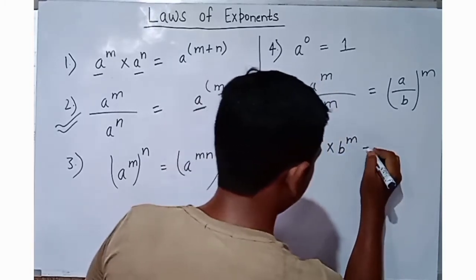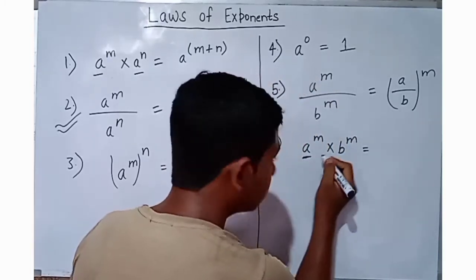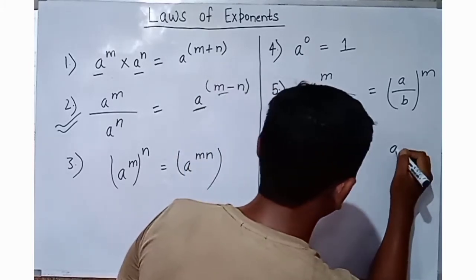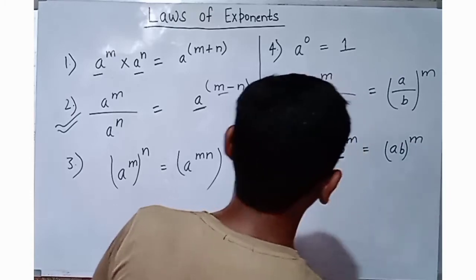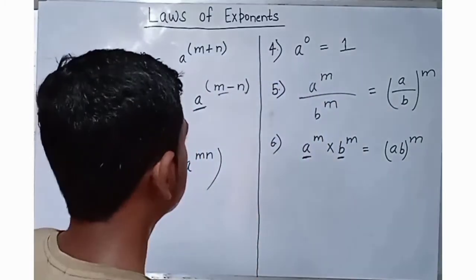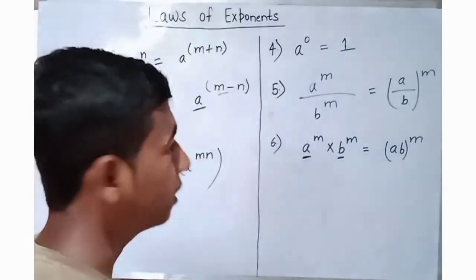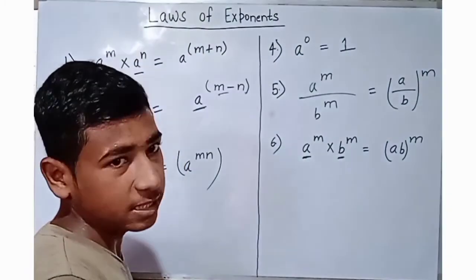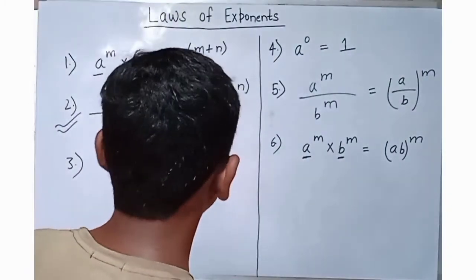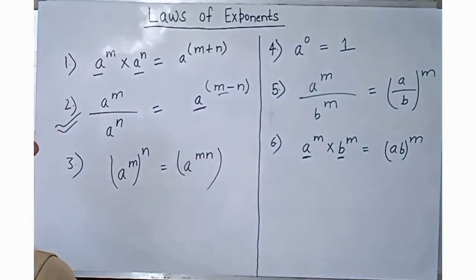Both bases will be multiplied, so it will be a into b whole to the power m. So these are the laws of exponents. On the basis of these laws, we will see some questions. Remember all these laws.